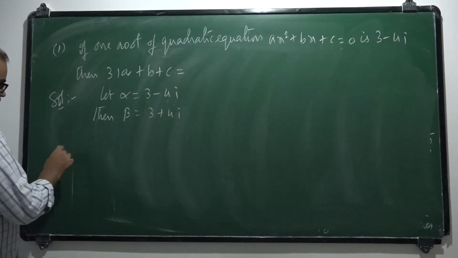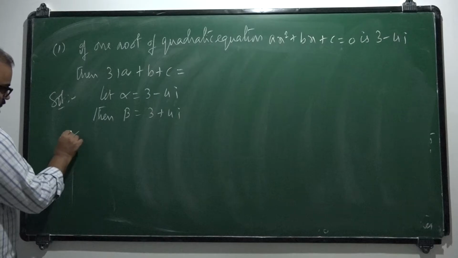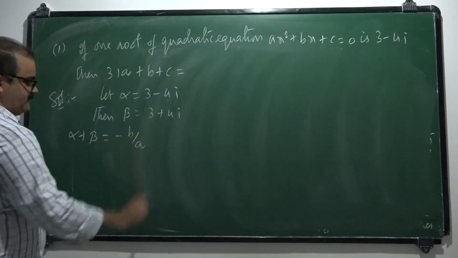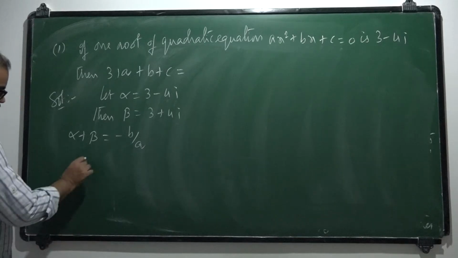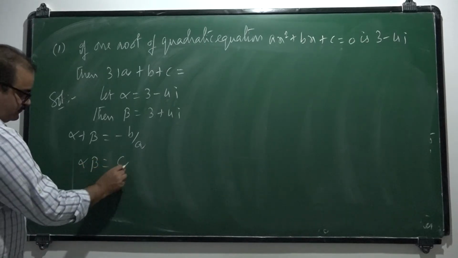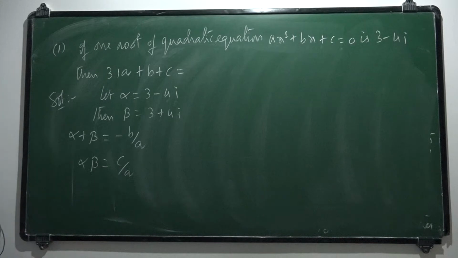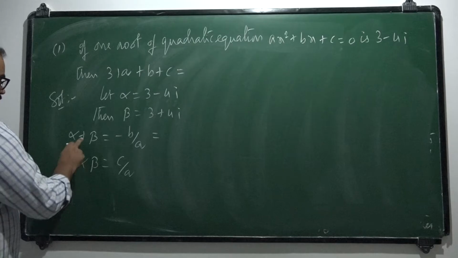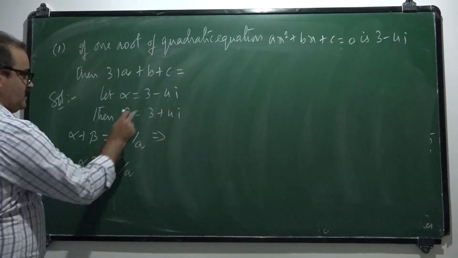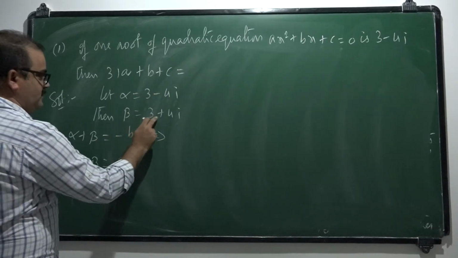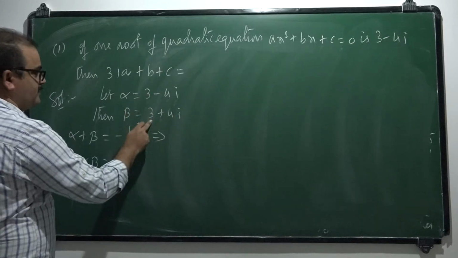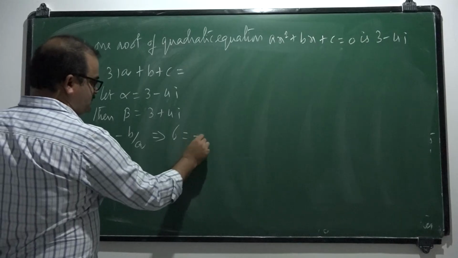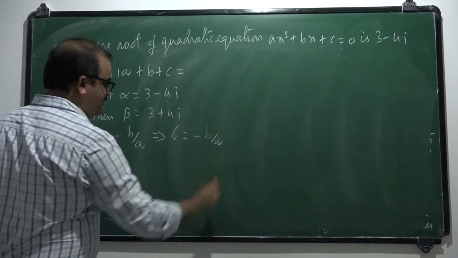We already discussed sum of the roots is equal to minus b by a. Product of the roots, that is c by a. What is alpha plus beta here? Alpha is 3 minus 4i, beta is 3 plus 4i. On adding, imaginary parts cancel. 3 plus 3, 6 is equal to minus b by a.